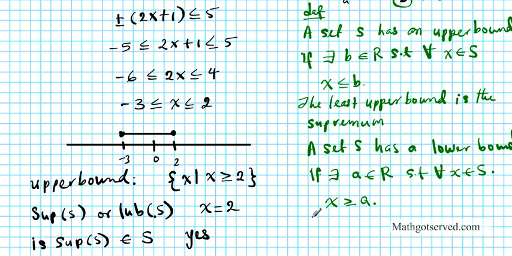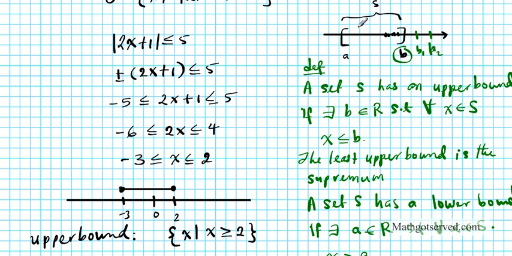The greatest of all these lower bounds, the greatest lower bound, GLB, is the infimum of S. If you look at this set notation I have right here, this is one of the lower bounds.